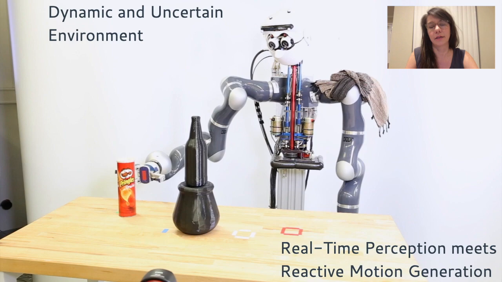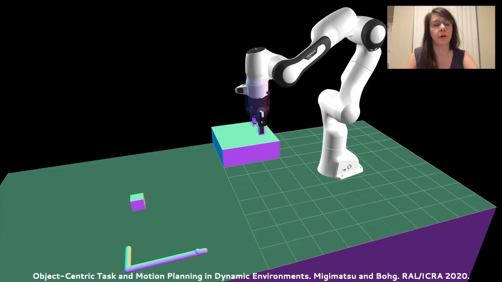So in more recent work that I've recently done with my student Toki, we actually explored how we can even add another layer for symbolic task planning on top of the motion planning, while maintaining this ability of the robot to be adaptive even in the face of a dynamic environment.